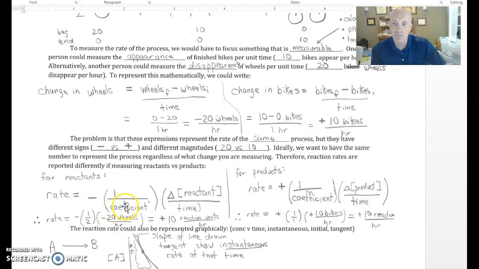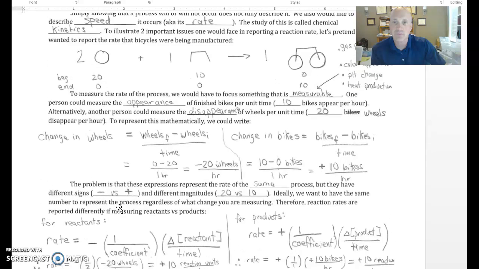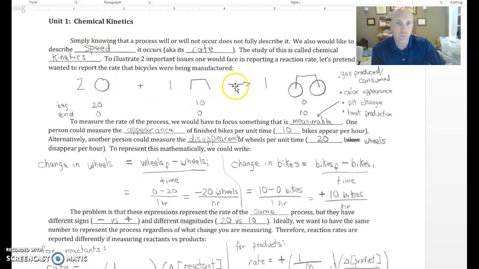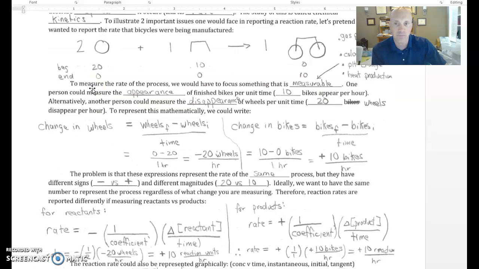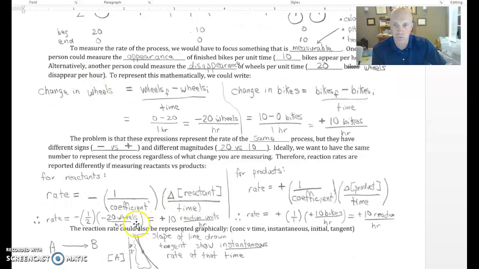All right. So what about this part right here with the coefficient? Remember, for every 1 time this event occurs, we're going to lose 2 of these. So what we want to have is the rate is essentially a measure of how fast the reaction event is occurring, not necessarily how fast each individual one of the reactants or products is being consumed.